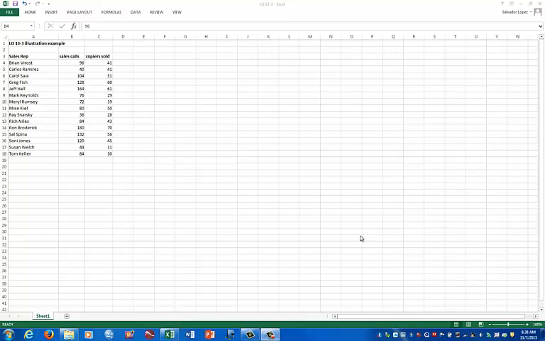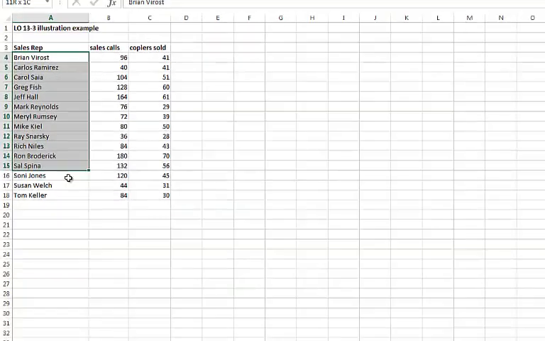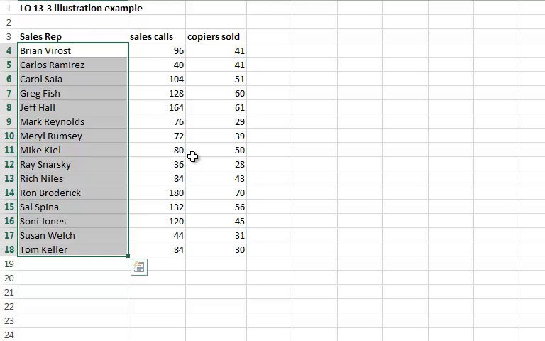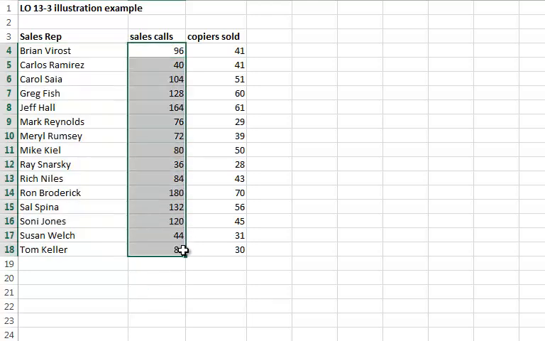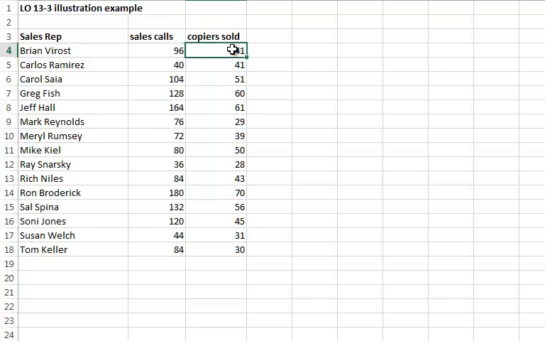This is section 3 in Excel, estimating the regression equation. This is the same example that we saw in section 1: 15 sales representatives making different numbers of calls, and selling different amounts of copiers.